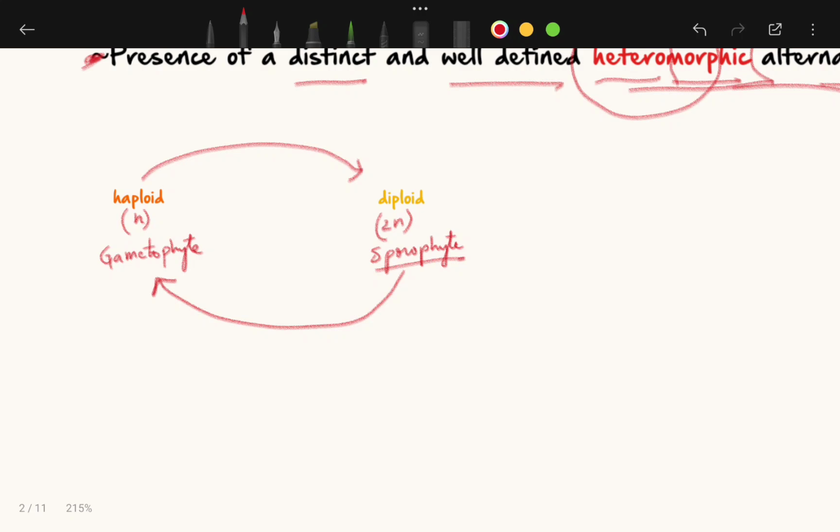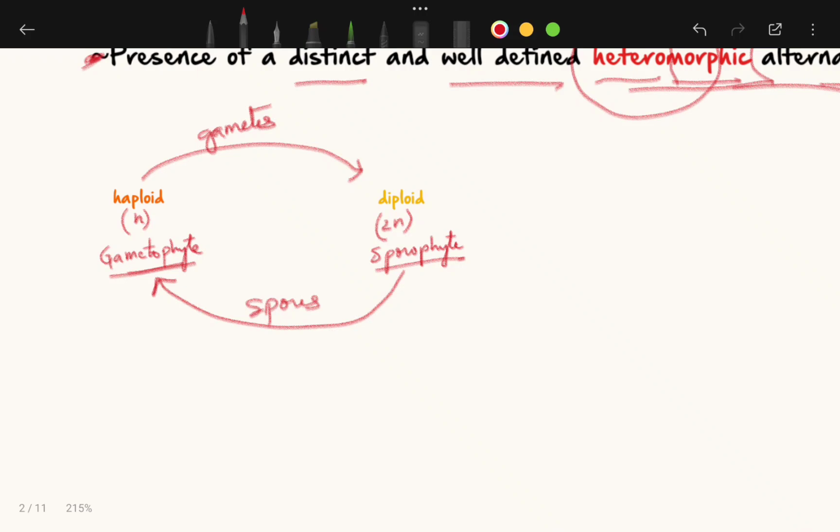Now the sporophyte will undergo meiosis to produce spores, and then those spores on germination will give rise to the gametophyte. So the gametophyte will produce gametes, and then the sporophyte will produce spores, and then the spores on germination will give rise to the gametophyte. So this is the general life cycle of plants.